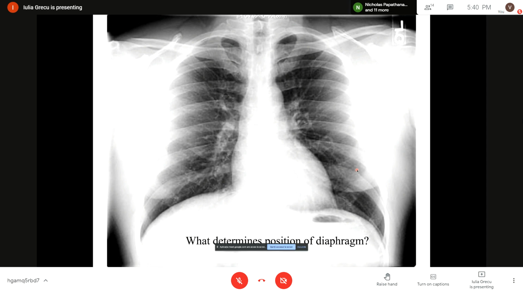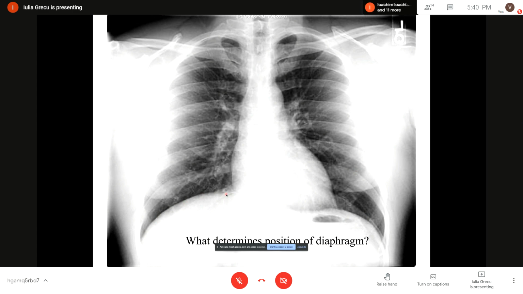Connected to the thoracic walls and part of this thoracic cage are the diaphragms. They are muscular structures that separate the thoracic cavity from the abdominal cavity. On the chest X-ray, they appear as opaque, dome-shaped structures that have a really fine and undisturbed contour.